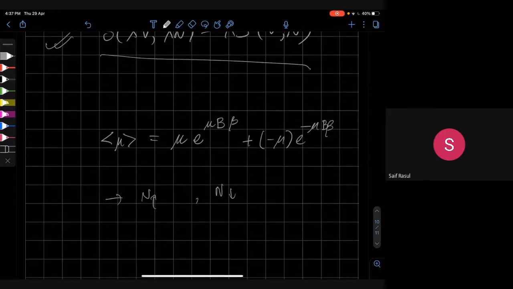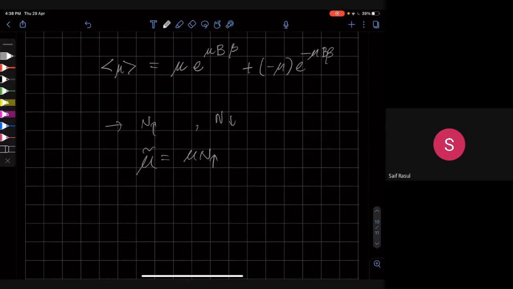If you have the total magnetic moment, let's call it mu tilde, that's going to be mu times n up.